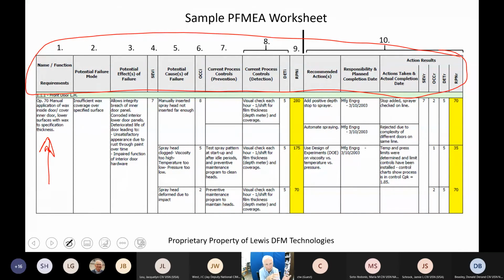And in essence, it covers the inside door and lower surfaces with wax to a specification thickness. Okay, that's the process. That's what we are required to do. What's the potential failure mode? Well, the potential failure mode is insufficient wax coverage over the specified surface.